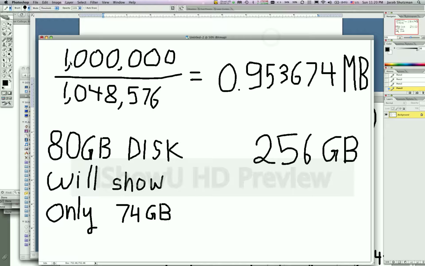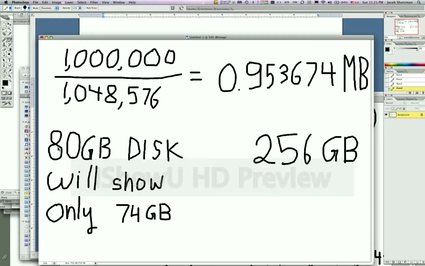If we look here, I divided 1,000,000 by 1,048,576 and it gives only 0.953674 megabyte, not a full 1 megabyte. It's a fraction because the number in the denominator is higher than the number in the numerator.